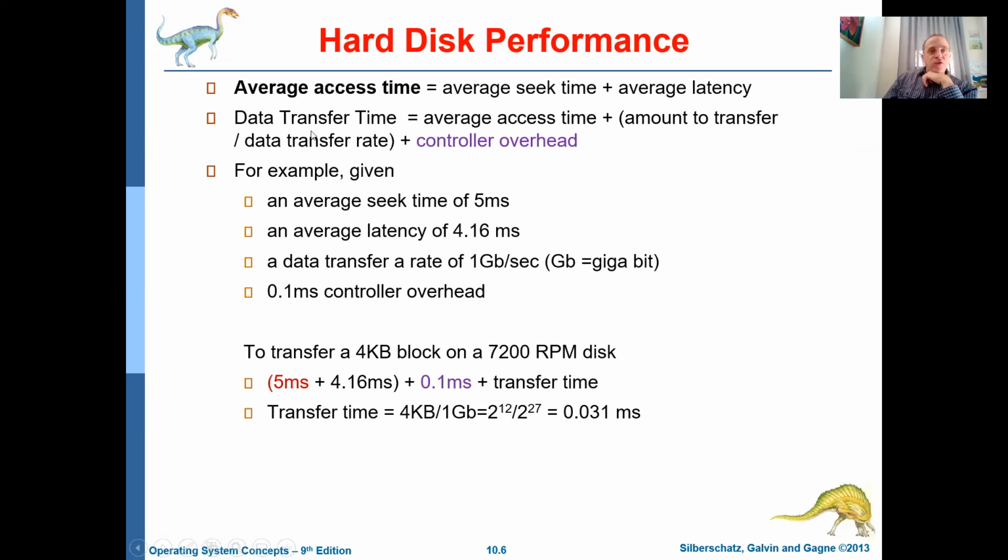So the data transfer time is the average access time, which is these two things, plus, in other words, the data transfer time is for a particular amount of data. So it's the average time to get to the data plus the amount of data to transfer divided by the data transfer rate.